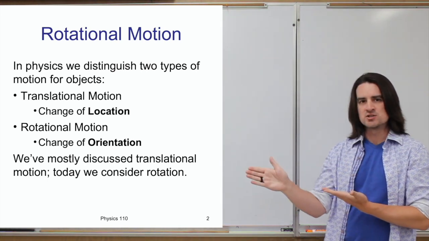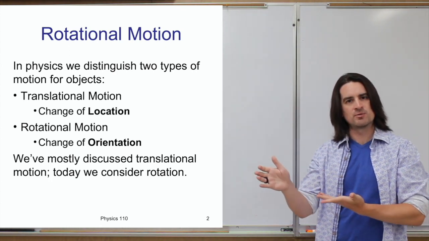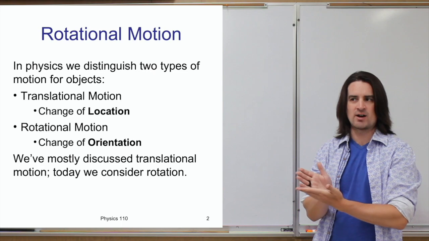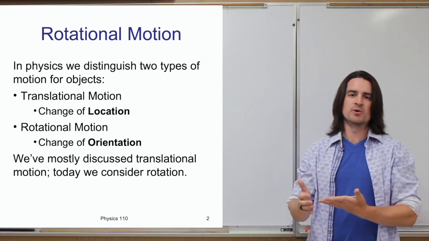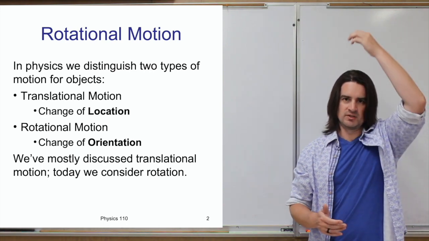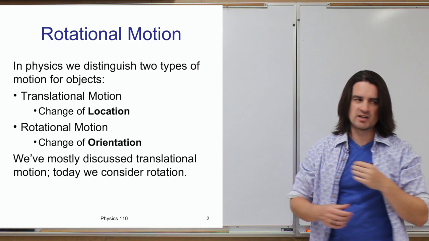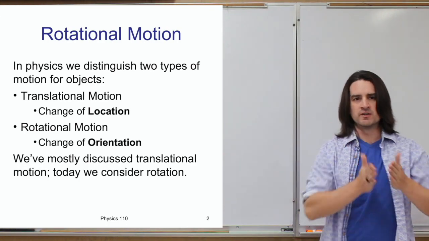When we're talking about rotation, if I wanted to describe a rotation, it's not just saying how fast it is rotating, because I also have to tell you what it's rotating about. Me rotating around this line that goes through me looks one way, but me rotating about a line over here would look totally different.